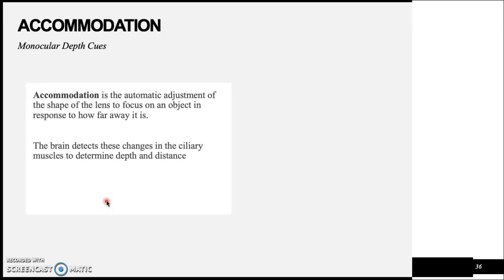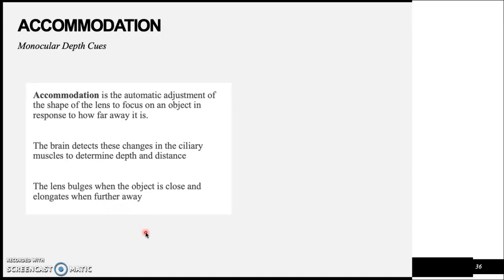And it does it through the ciliary muscles. So if you go back to that image of the eye, the ciliary muscles change your lens shape. And as it does that, your brain picks up those changes and it helps it determine depth and distance. So when the lens bulges, the object is close.